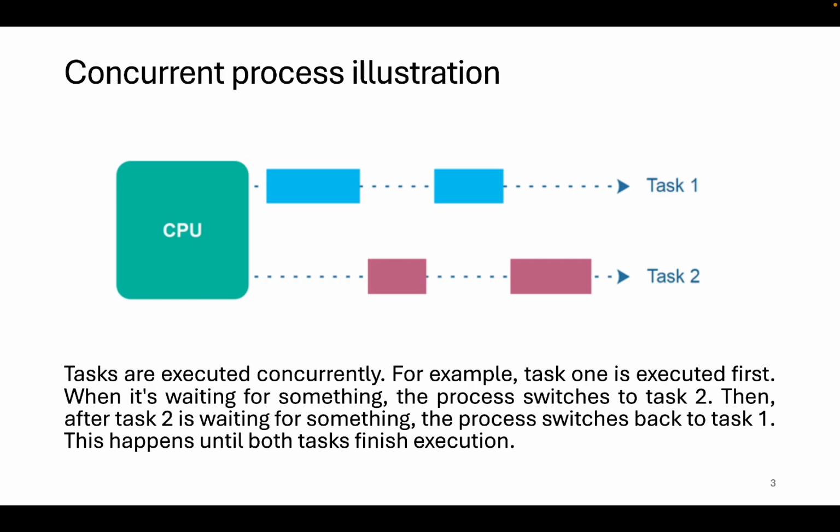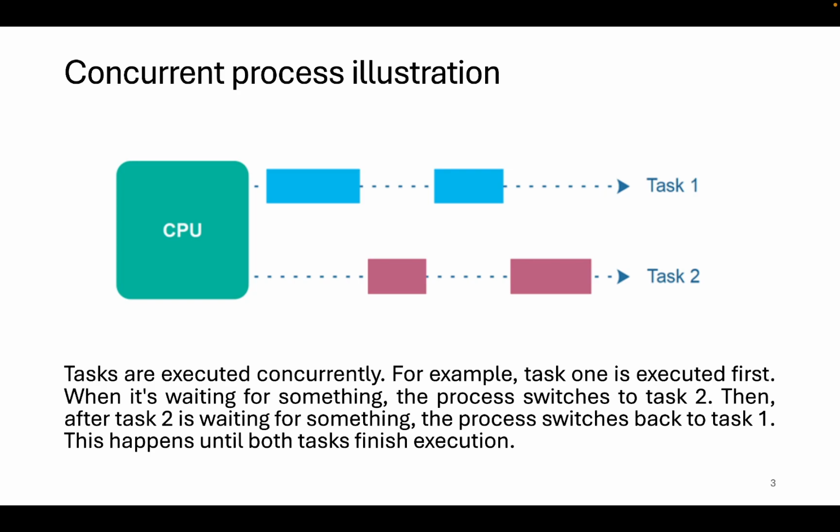This is the concurrent process illustration. So we have two tasks on one CPU. Tasks are executed concurrently. For example, task 1 is executed first. When it's waiting for something, the process switches to task 2.